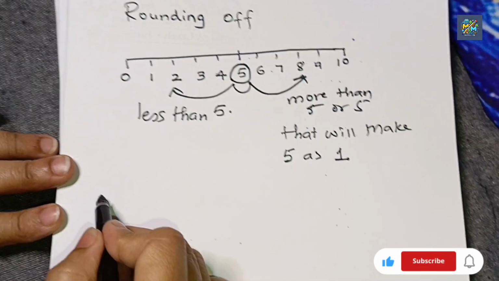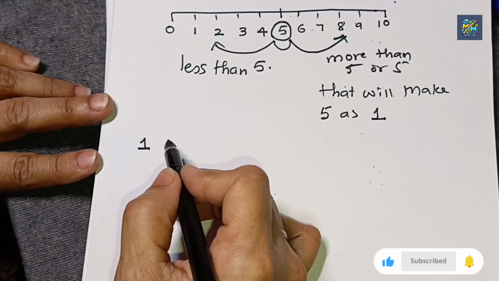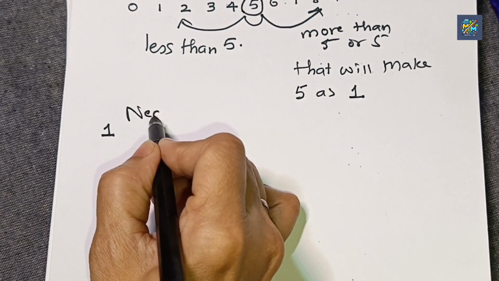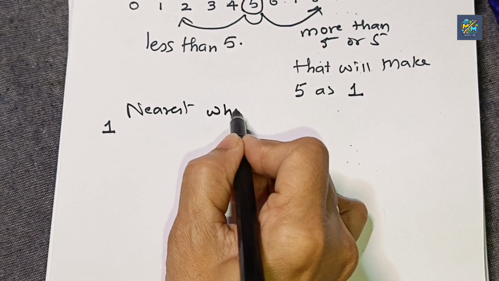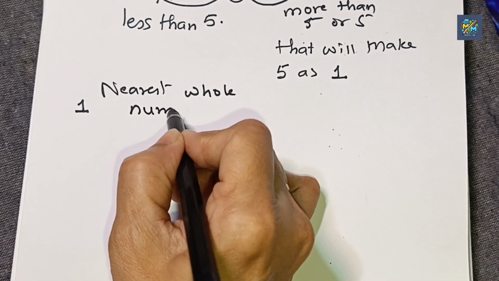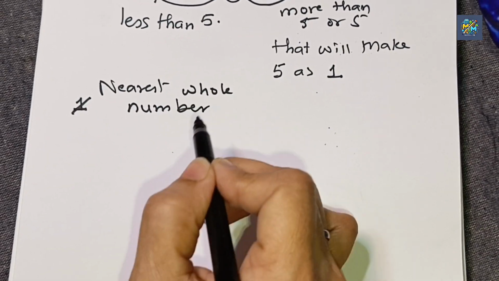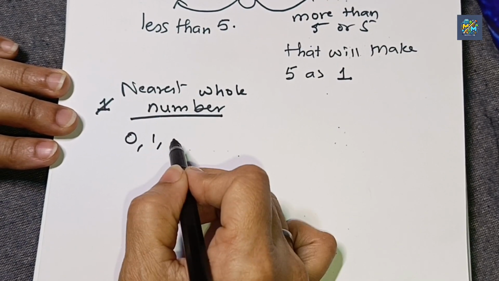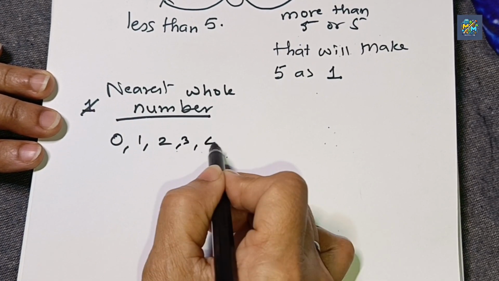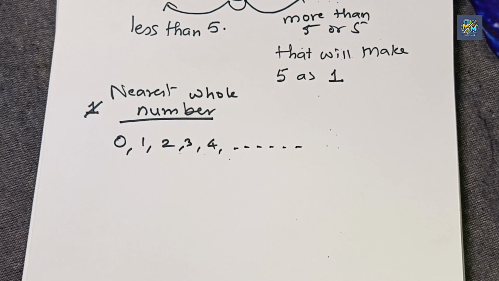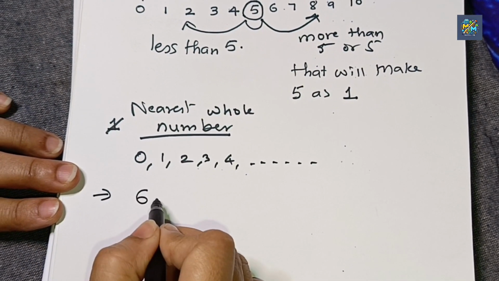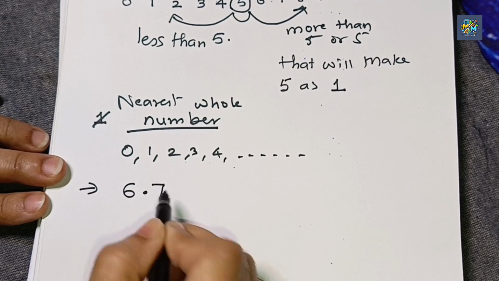My first sum: we have to round this off to the nearest whole number. What is the meaning of whole number? A whole number is a number starting from 0, 1, 2, 3, 4 and onwards. My question here is 6.7.